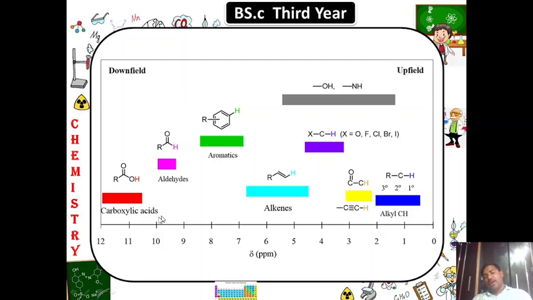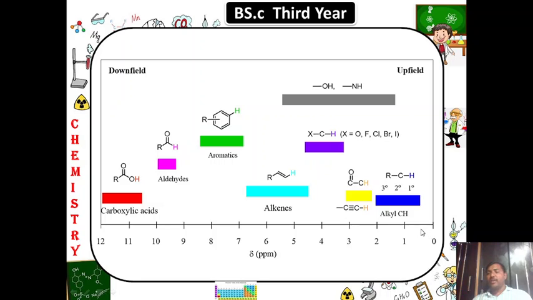Now, which protons show peaks where? For alkyl groups such as CH, CH3, and CH2, the signals appear at about 0.5 to 2.